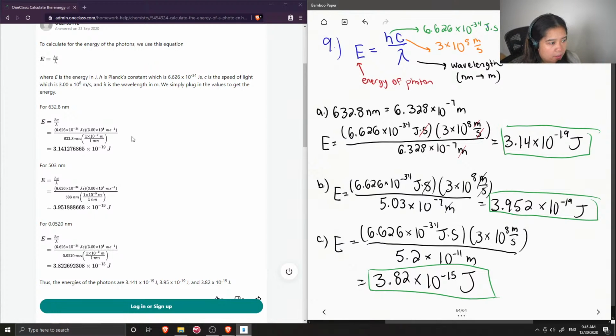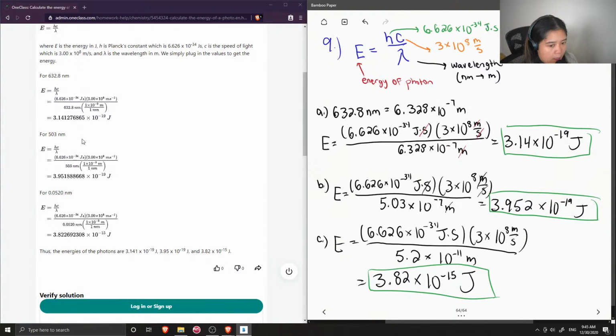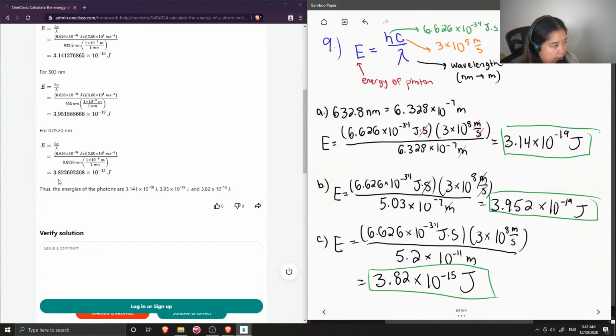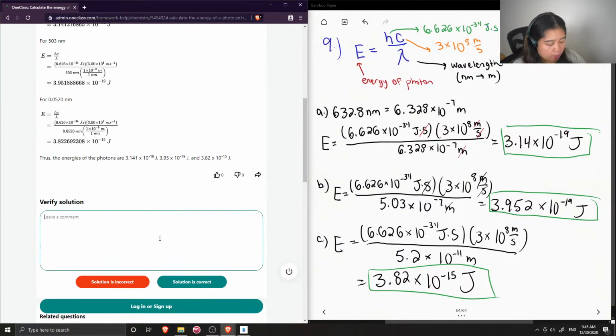So for A, they got 3.14 times 10 to the negative 19 joules. For B, 3.9518 times 10 to the negative 19. And then lastly for C, 3.82 times 10 to the negative 15. Okay, so this solution is correct.